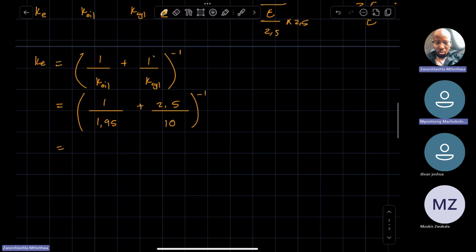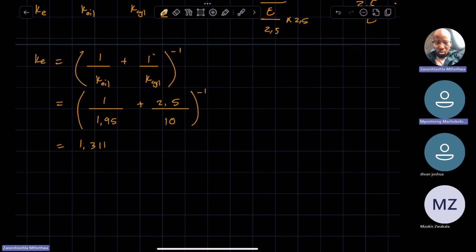I got 1.311 gigapascals. So 1,311 gigapascals.